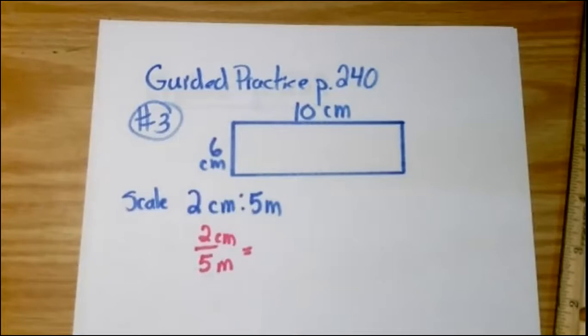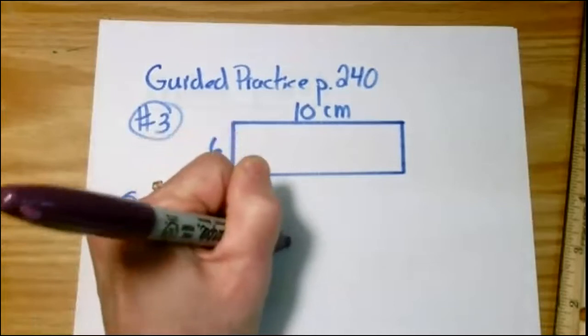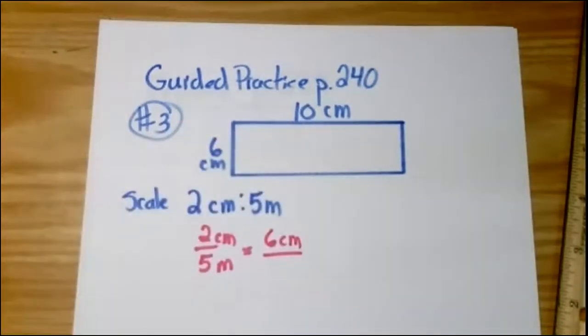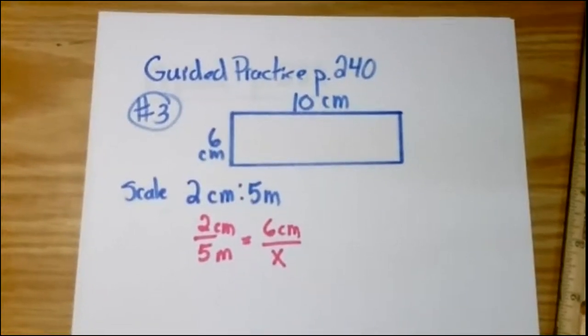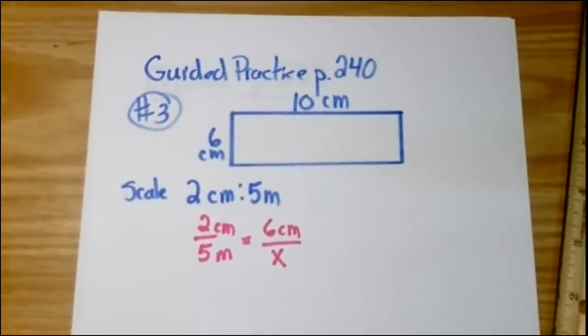And then what are we going to do? Well, we're going to take our width of 6 centimeters and put it on the top, and we're going to figure out the actual size in meters. That's for our width.